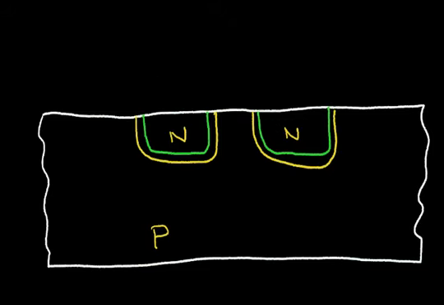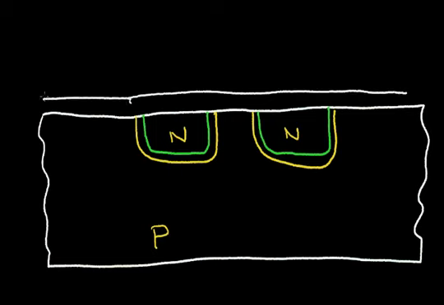Now if I grow a glass region, let's say I grow a layer of glass on top of this structure, and I add over here a conducting electrode.